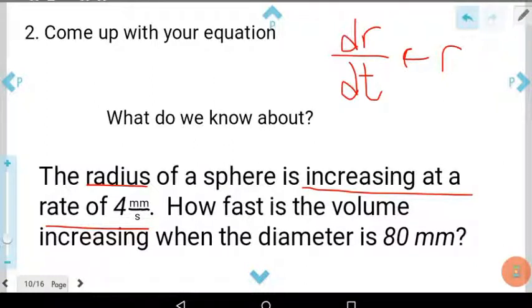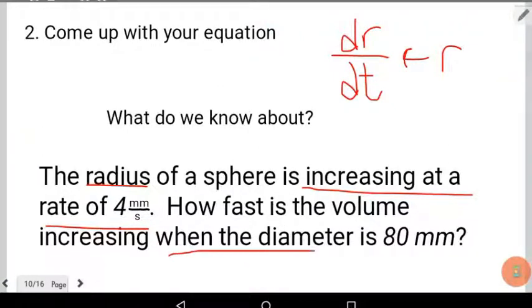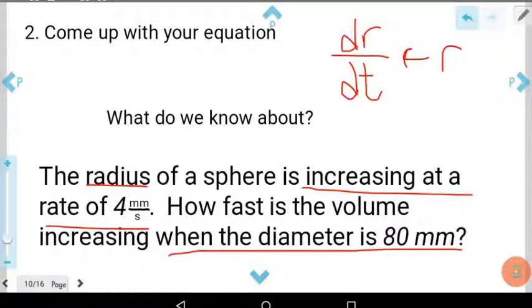The other thing we know is that it's asking about the specific instant when the diameter is 80 millimeters. So we know the diameter at this instant. Remember, a diameter and a radius are very closely related: the diameter will always be double the radius.